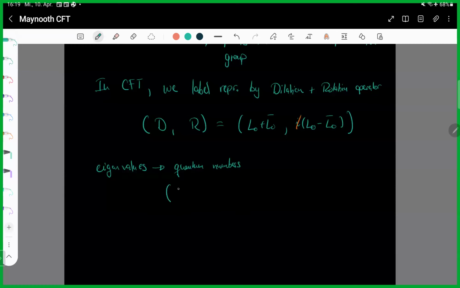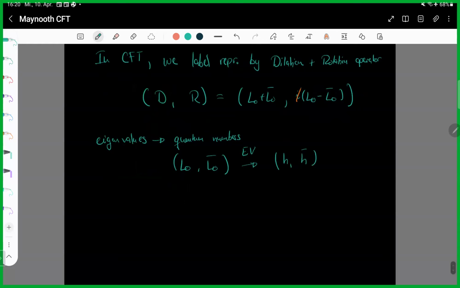If I have eigenvalues, L0 has an eigenvalue, I'm going to write eigenvalues H and H bar. This is the standard notation that we take. And then we find that dilations and rotations are given by H plus H bar and H minus H bar. Those are the two quantum numbers that we want to use.